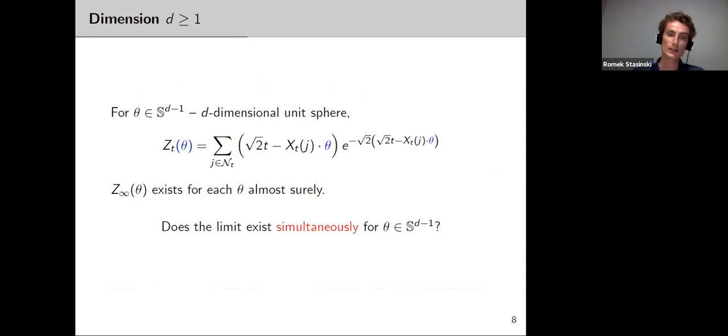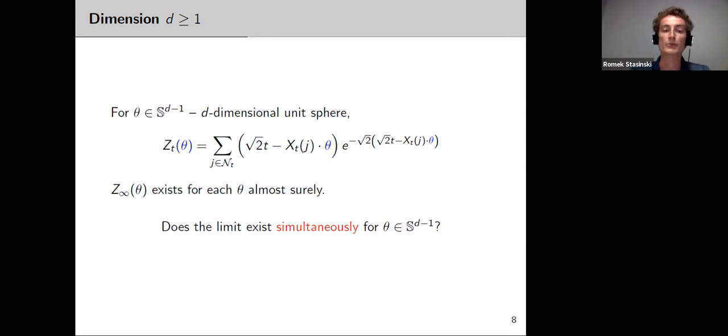Okay, so we remember from the one-dimensional case that the derivative martingale played a significant role in the description of the behavior of the extremal particles. So we can guess that this is also going to play a role in the description in the multi-dimensional setting. So we're going to define an analog of the derivative martingale as a process on the sphere where in each direction of the sphere, we project our multi-dimensional branching Brownian motion onto this particular direction, and we calculate the derivative martingale based on this projection.